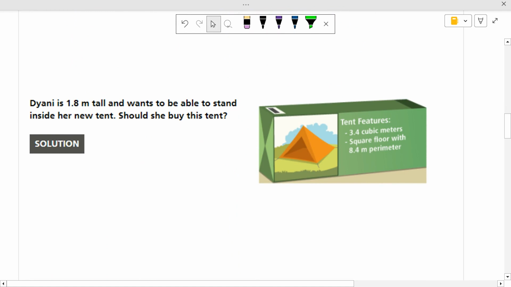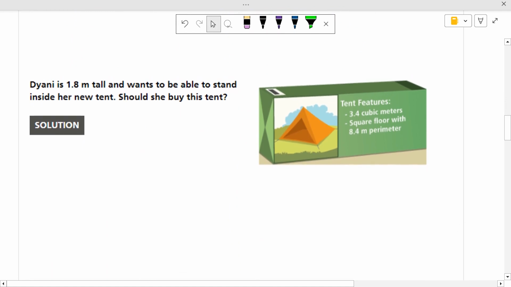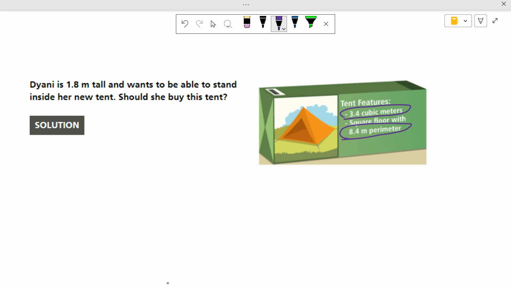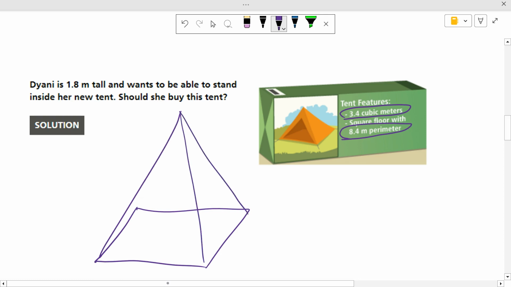Now, this one is just slightly more complicated. Not the end of the world complicated, but slightly more complicated. Danny is 1.8 meters tall and wants to be able to stand inside her new tent. Should she buy this tent? Okay. The tent is 3.4 cubic meters. It's a square floor with an 8.4 meter perimeter. So this is the tent.